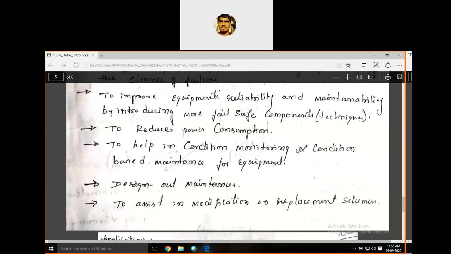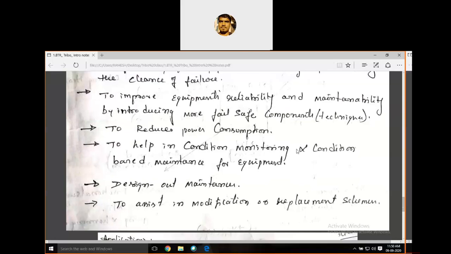Second advantage: it improves equipment reliability and maintainability by introducing more fail-safe components. It is the same as the first one. By using proper techniques in the components, we can increase the reliability, meaning dependability on that component, and also maintainability by introducing more fail-safe components.